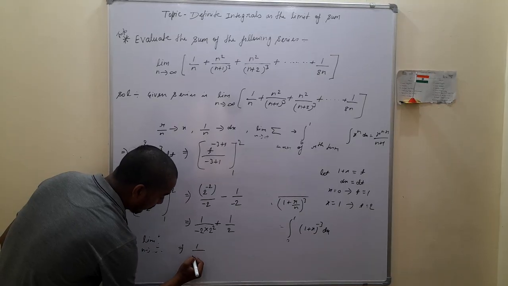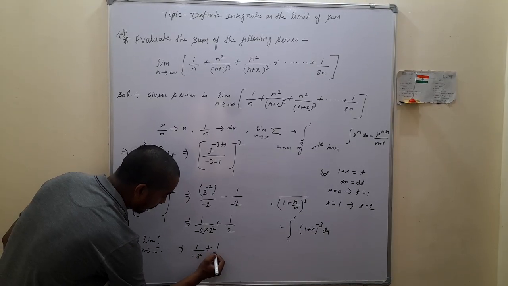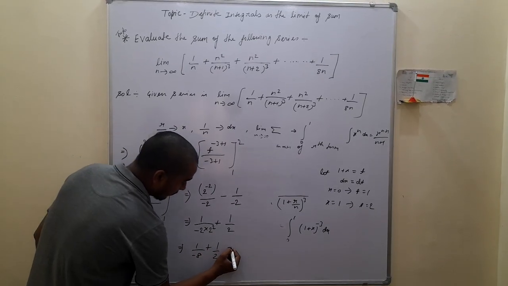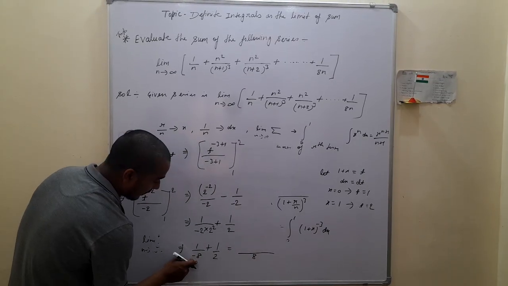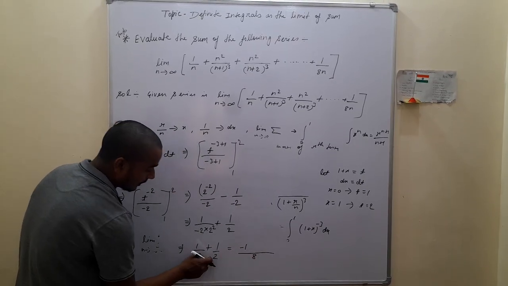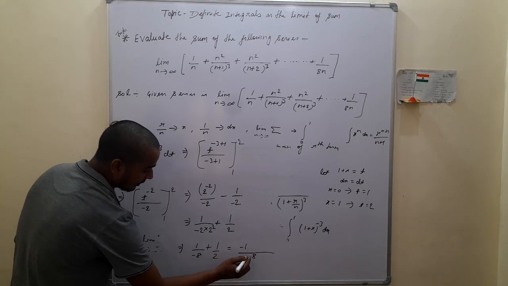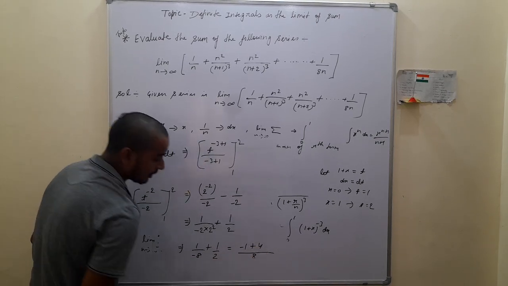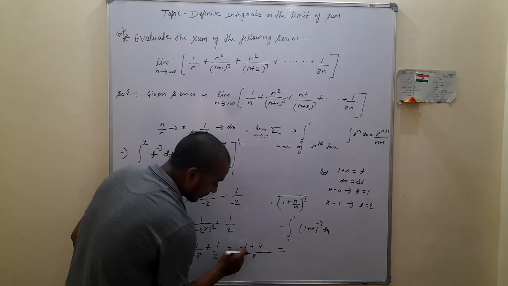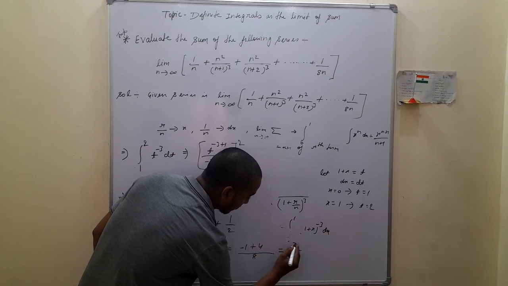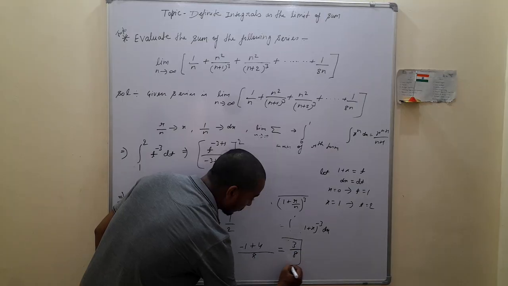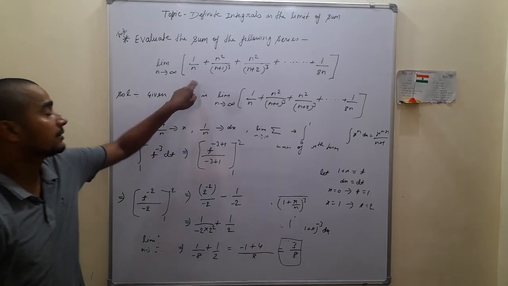This is minus 1 upon 8 plus 1 upon 2, and taking LCM, we get 8 is the LCM, and this is minus 1, and 2 fours are 8, we get plus 4. Minus 1 plus 4 is 3, so we write 3 by 8. This is the required result of the given series.